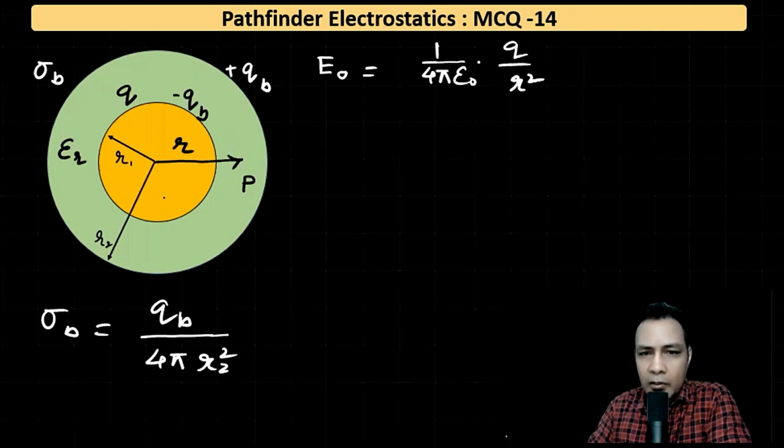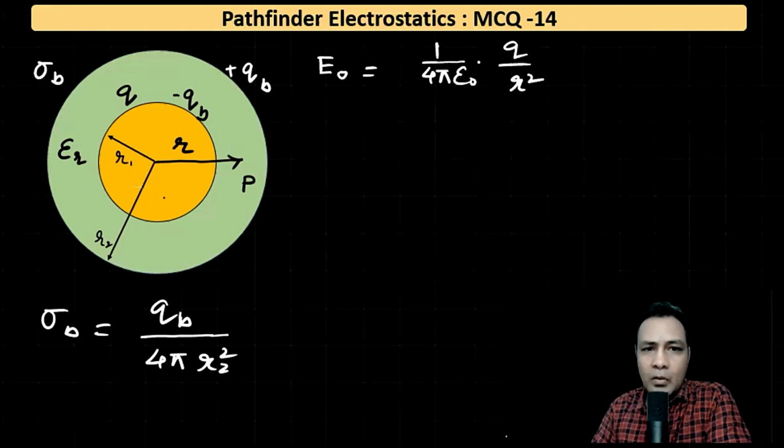If there was no dielectric, there would not be any minus QB. The only charge present would be Q, on a spherical conductor. To find the electric field at an outside point, I just put all the charge at the center. So the electric field here will be 1 over 4 pi epsilon naught into Q by R square.